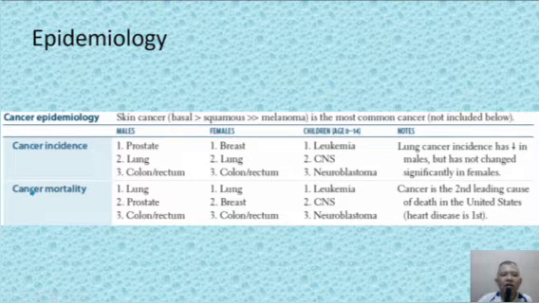For cancer mortality, it's lung CA for males, and the same lung CA for females. So the number two in morbidity becomes number one in mortality.